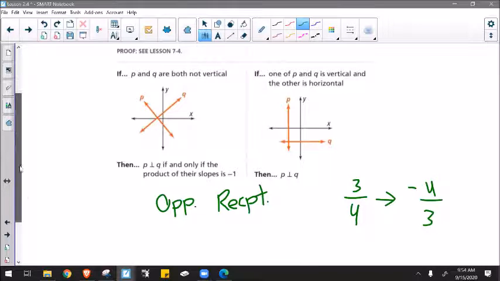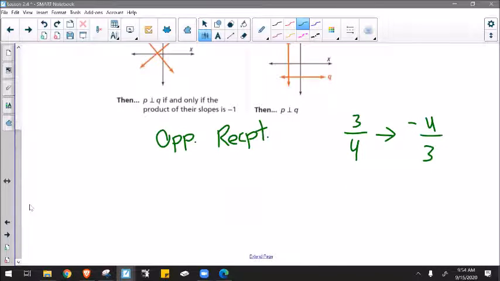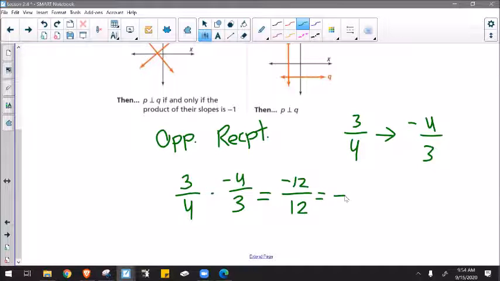And if you multiply those together, the product, remember product means multiply, 3/4 times -4/3, you're going to get -12 over 12, which simplifies down to -1. So the product of those two is -1.